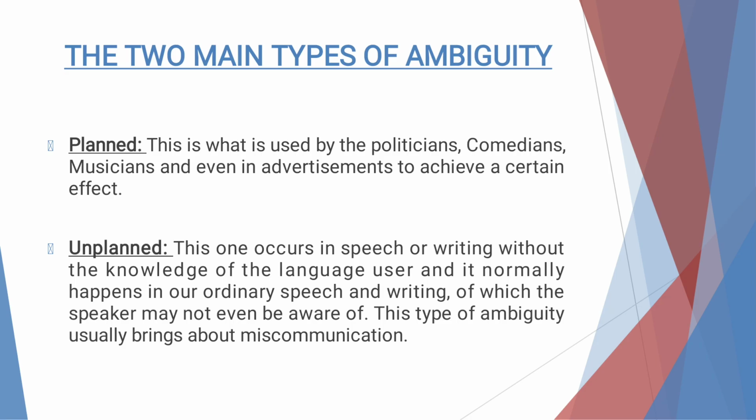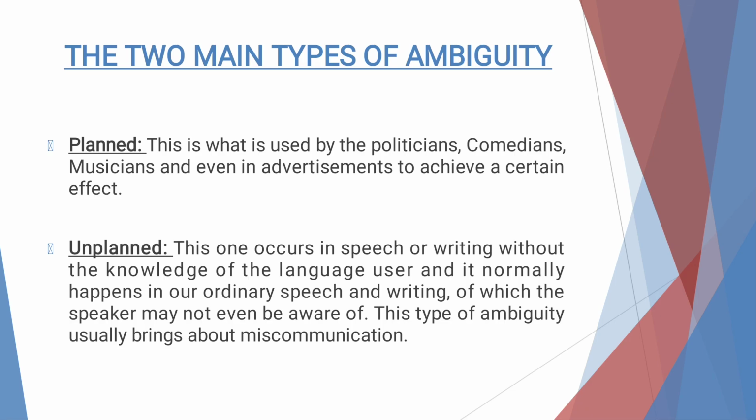So unplanned ambiguity usually brings about miscommunication. It is a barrier to proper communication, because the intended meaning is normally distorted. You see that the grammatical expression or the sentence lacks pellucidity.